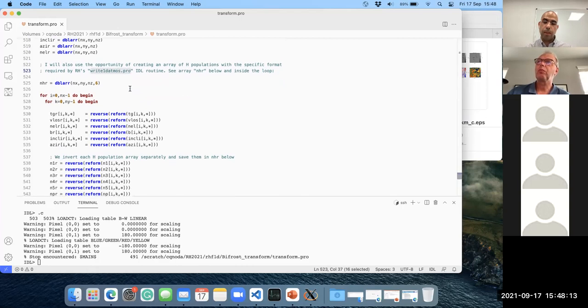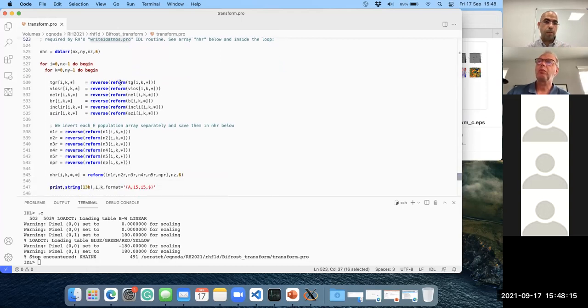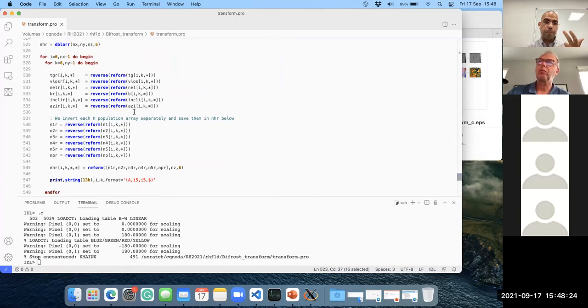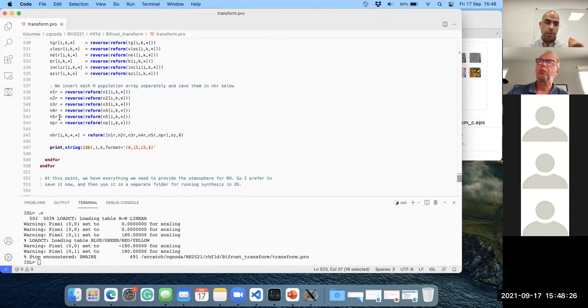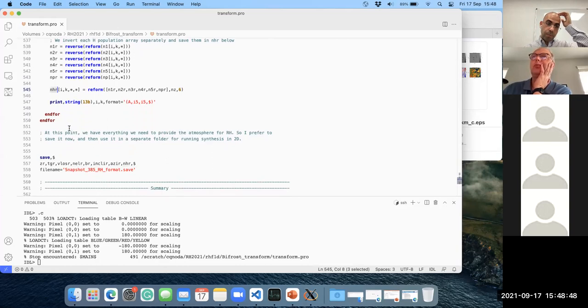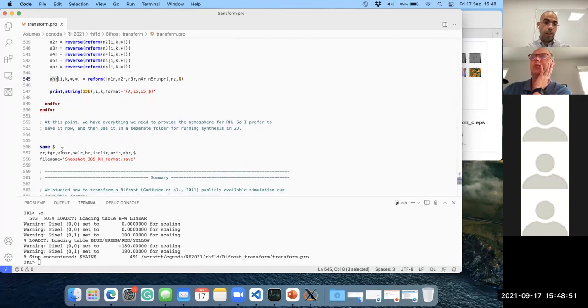It's very simple. It's a loop like the previous one. We are just reversing the temperature, the line of sight velocity, electron density, field strength, inclination, and azimuth. Then we do the same for the hydrogen populations, but I save it this way: an array of X and Y, so the spatial domain, then the vertical domain, and then 6, the six hydrogen population values. Okay, and with that, we can finish the loop.